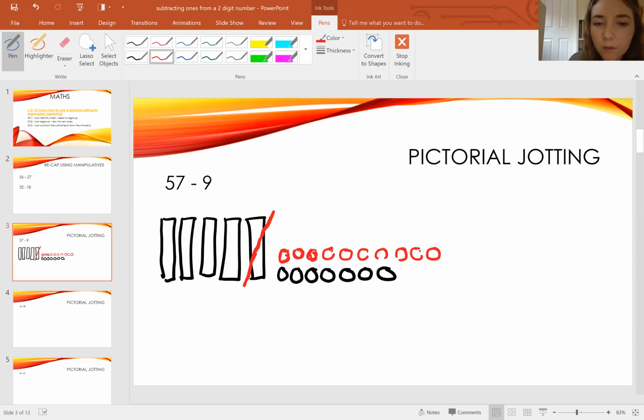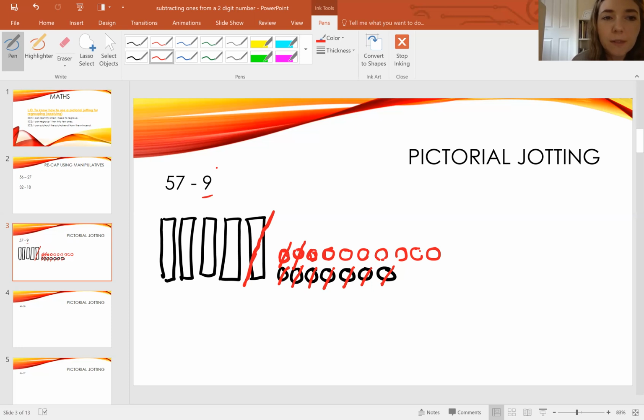We've swapped that for 10 ones. So now we can subtract our 9 ones that we need to here. 1, 2, 3, 4, 5, 6, 7, 8, 9. Okay, now we need to look, do we need to subtract any tens? No, so that's our answer.